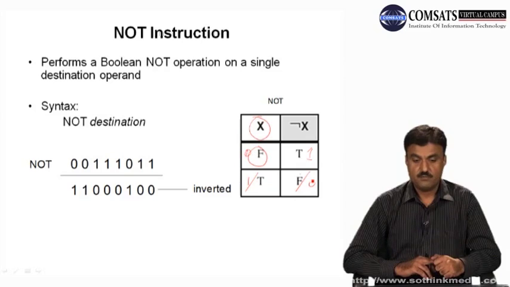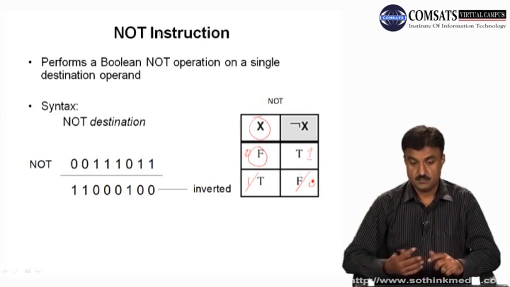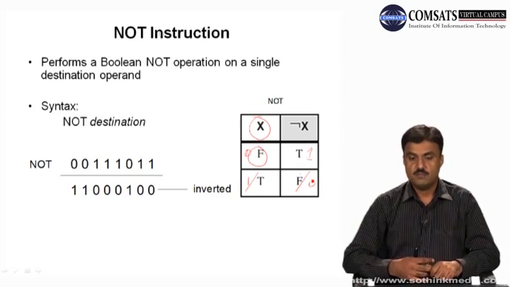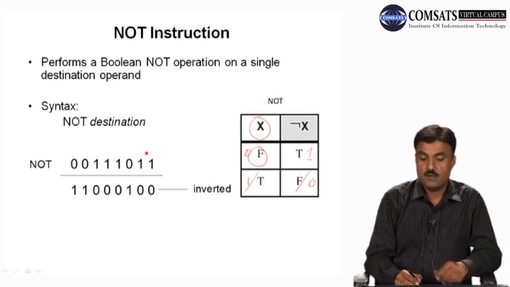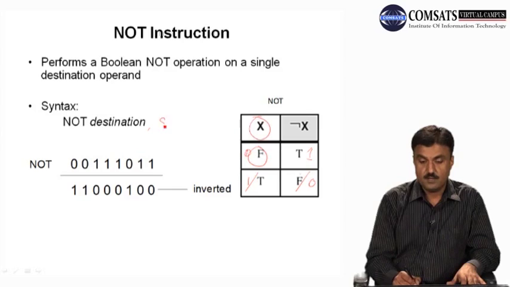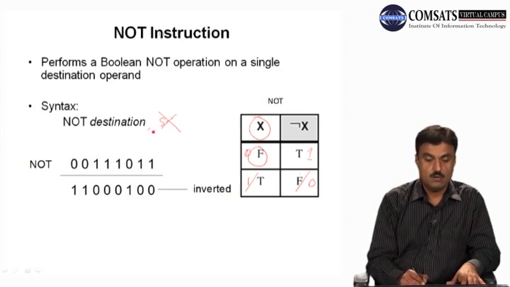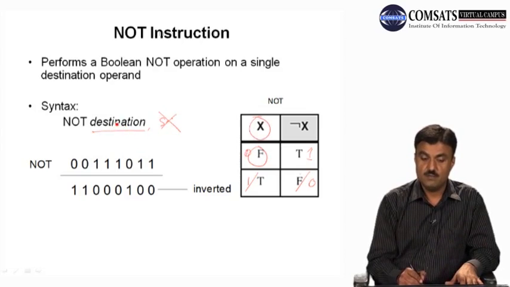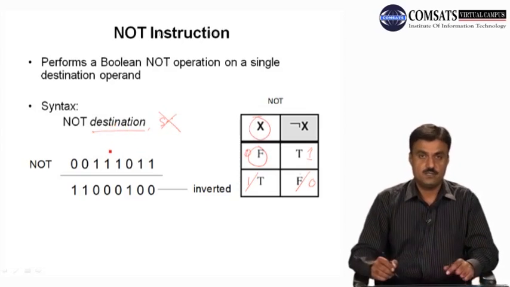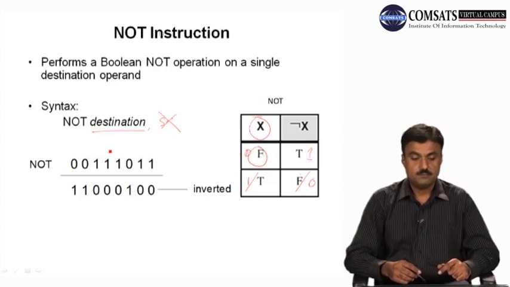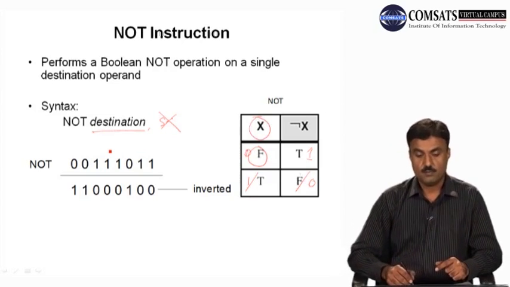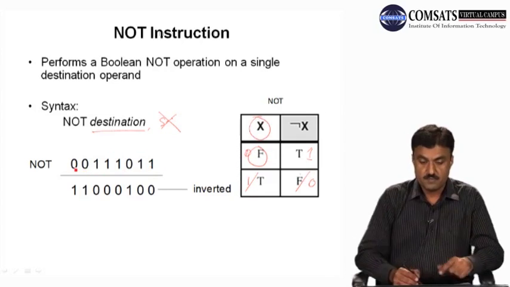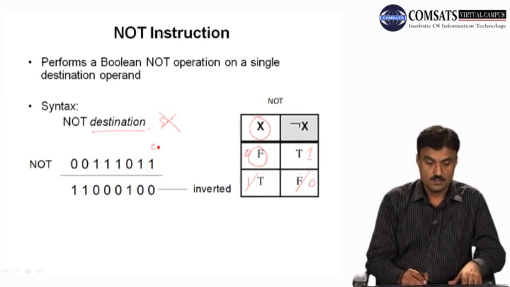So the NOT operation performs a Boolean NOT operation. This NOT instruction performs the Boolean NOT operation on a single destination operand. As you can see here, we don't have any source operand, only destination. So the operation will be performed, and again the result will be stored in the same destination operand. Here we are going to perform the NOT operation on this bit pattern, bit number 0 to bit number 7, for example.